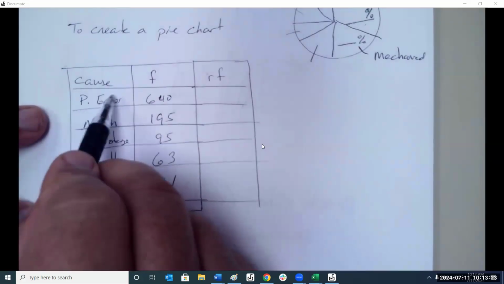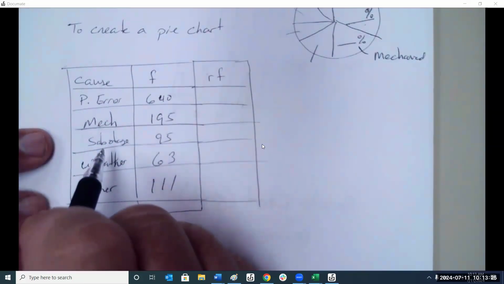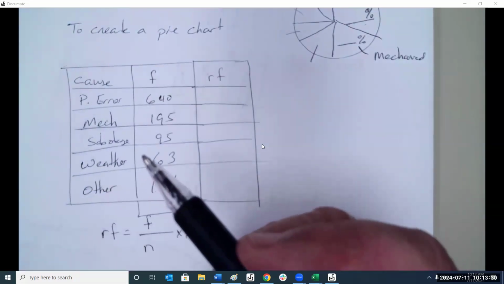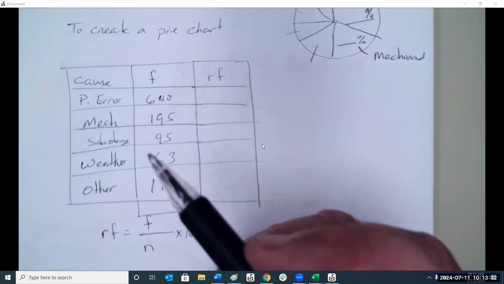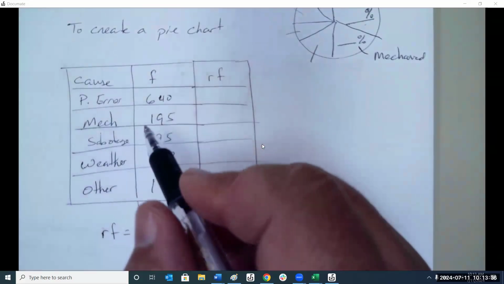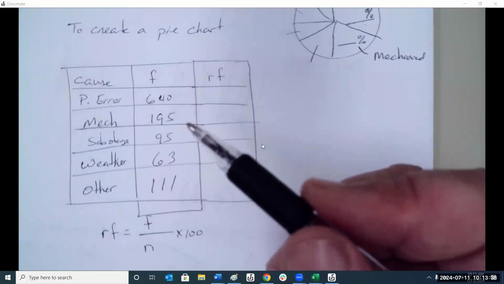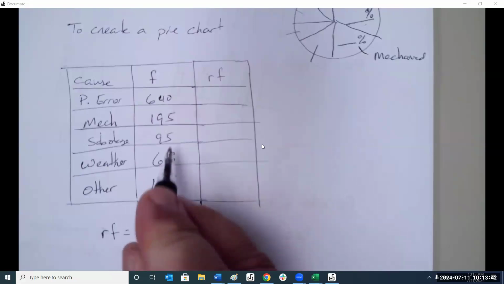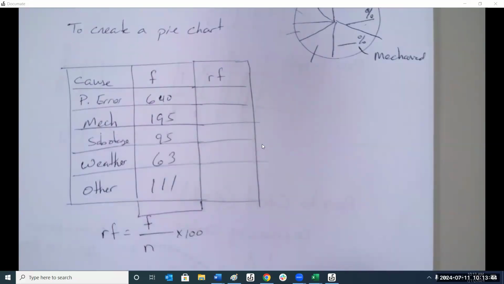The class would be pilot error, mechanical. Those would be the classes. Those are your horizontal lines. Well, the elements would be, yeah, 640, the frequency number of those elements, right? And then n would be the summation of all those frequencies.